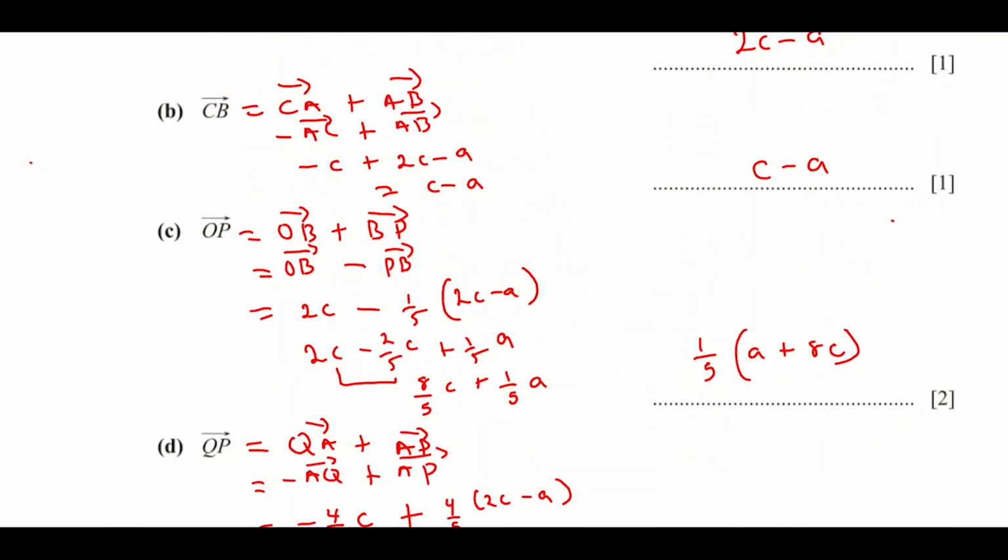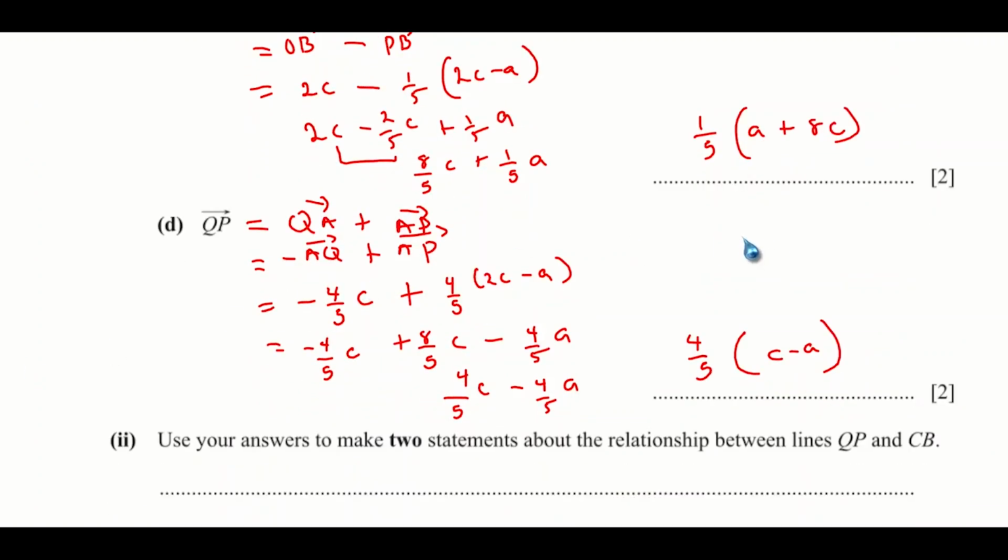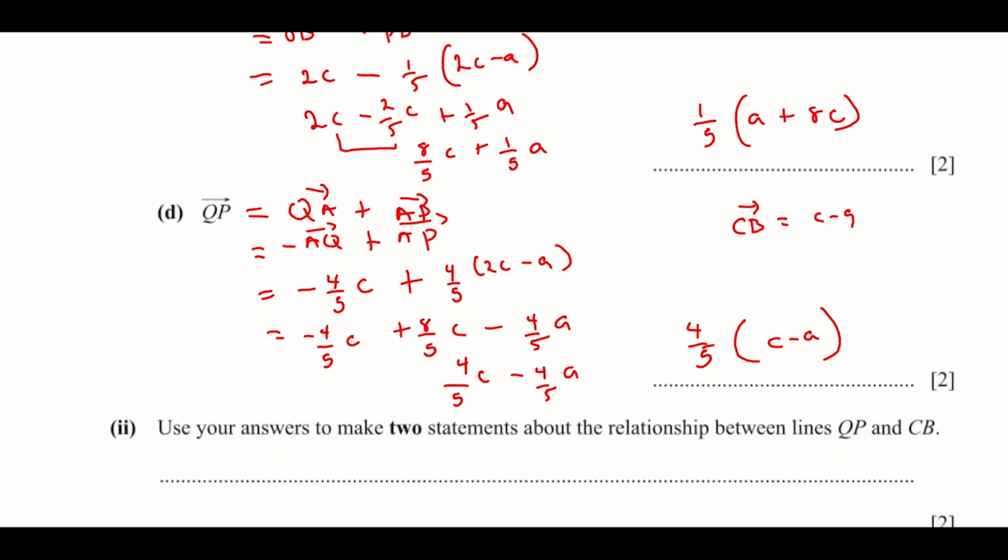CB is equals to C minus A. So vector CB equals C minus A, and vector QP equals 4 over 5 into C minus A. So QP is a multiple of CB, so they are parallel.